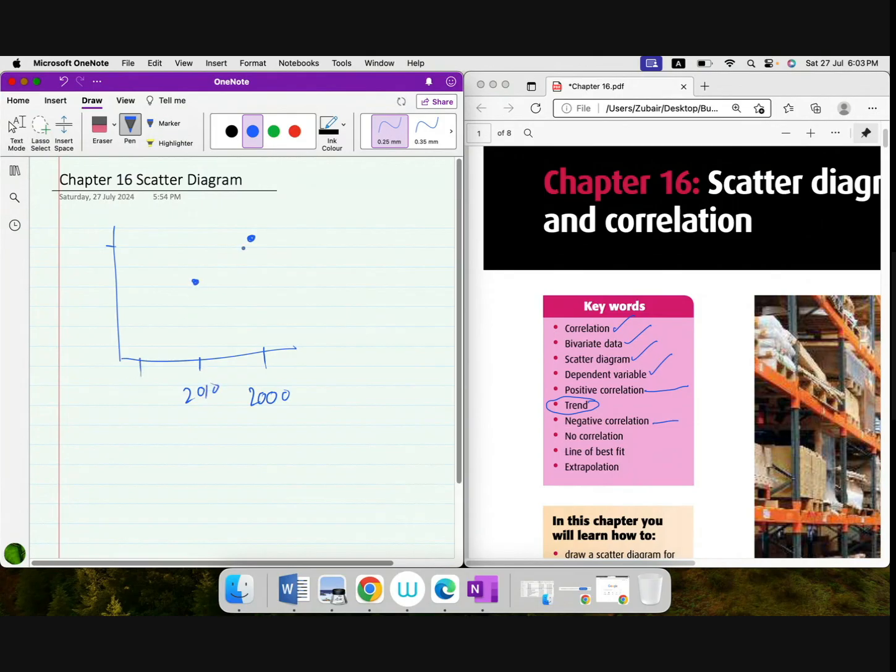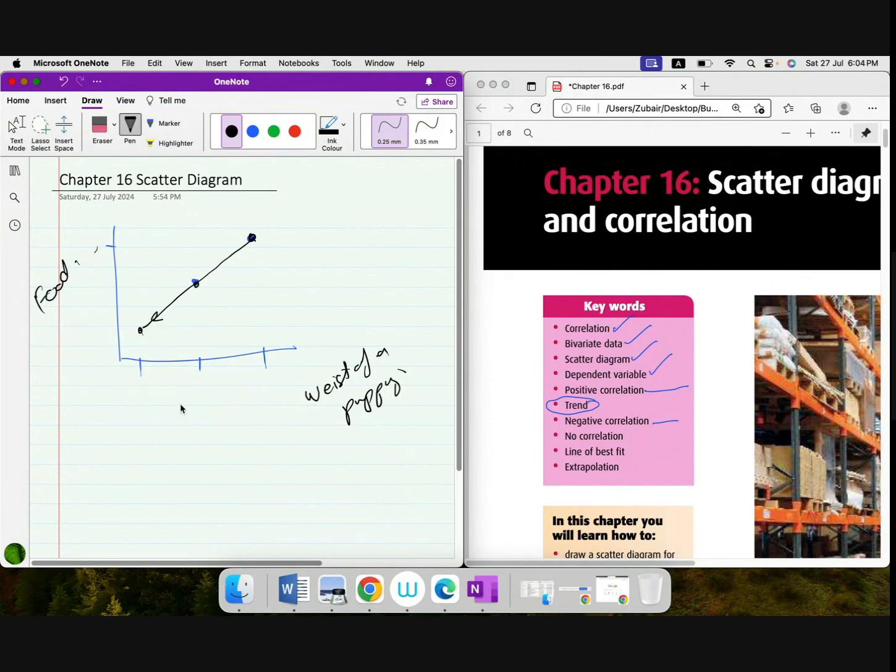So basically, let me just not use time. Let's say the weight of a puppy and food quantity. High weight means he's consuming more food, less weight, less food. So if the weight is decreasing, he's consuming less food. So basically both are decreasing.